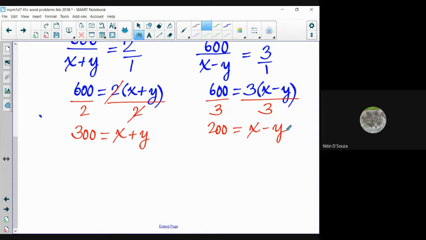It's already set up for you to solve by elimination. Just add the two equations.